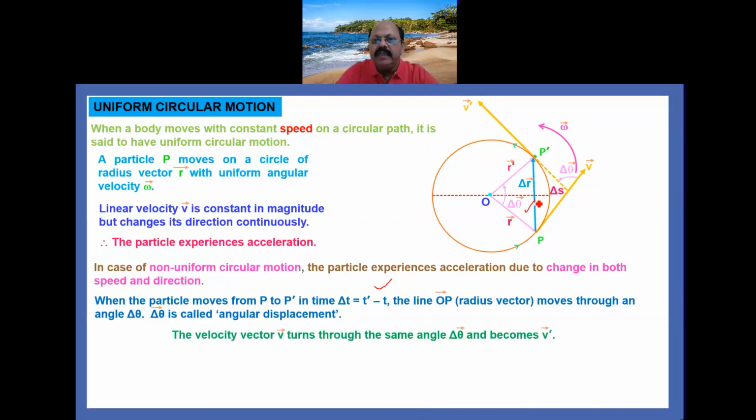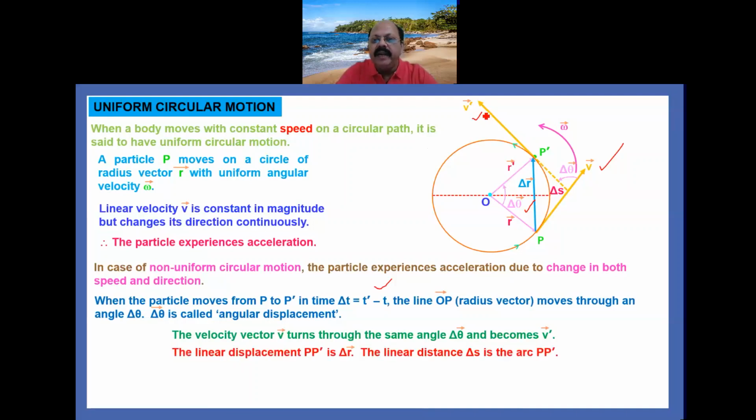The velocity vector v turns through the same angle delta theta, and that becomes v dash vector. Only the direction gets changed but the magnitude remains constant.